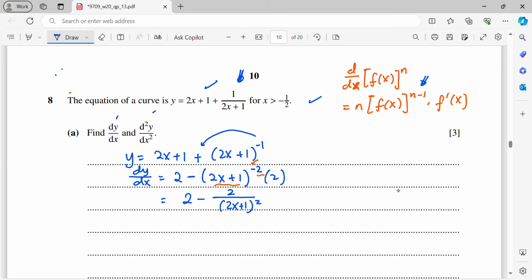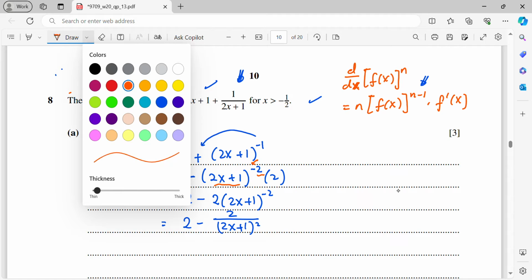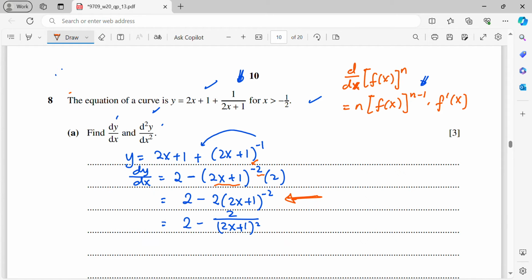Okay, now for the d squared y. So from the dy dx, basically from here, I can write in this form first. Minus 2 of 2x plus 1 degree negative 2. Then only I write 2 minus 2 over 2x plus 1 squared. Now, to get the d squared y over dx squared, I will be referring to this form.